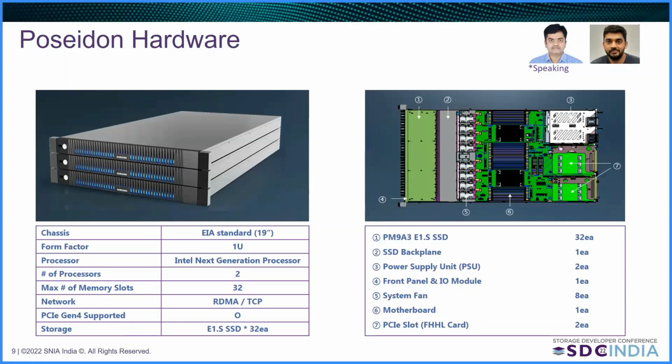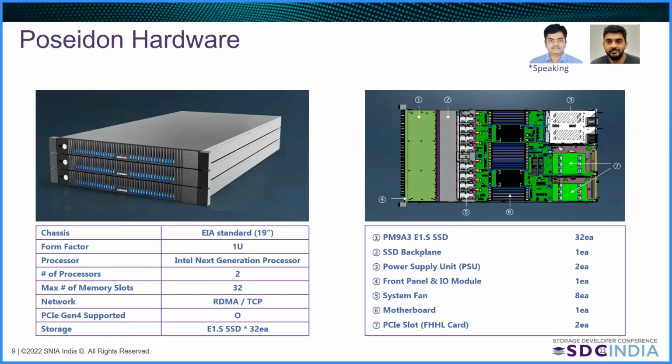Let's have a look at the Poseidon hardware. This is the version 1 of Poseidon OS hardware, which is compliant with the OCP specifications. This is manufactured by Inspur in this collaboration. So it basically has a chassis of EIA standard 19-inch one. The form factor is 1U. It has two processors, Intel next generation processors.